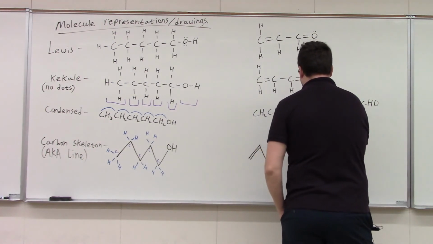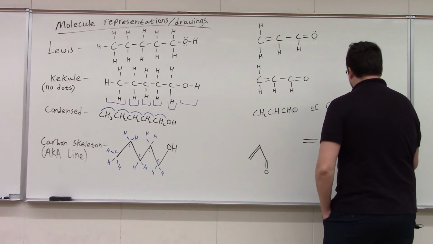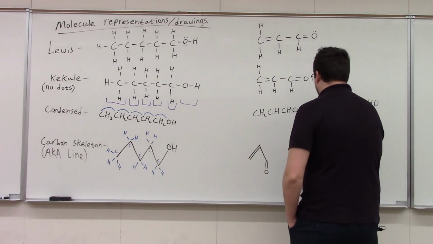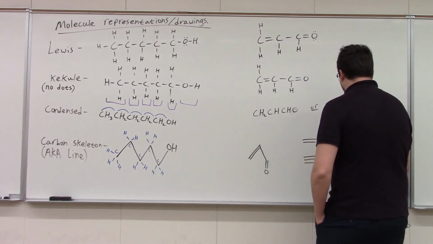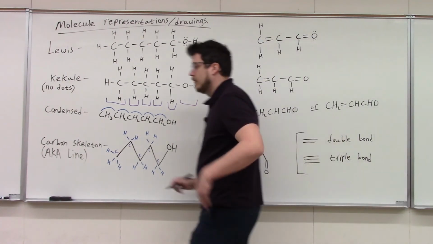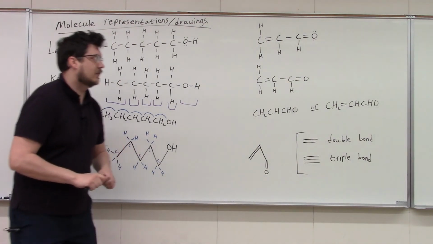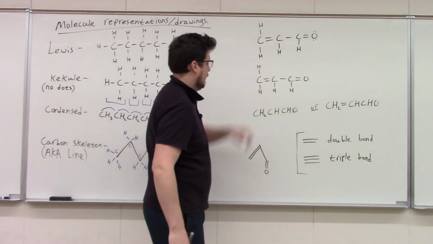So that's our double bond. And you'll never guess what we do for a triple bond. That's right, we just do 3 lines. Aside there. So that's what I really wanted to show, is how we deal with double bonds, triple bonds in these line structures. And it's the same way we deal with them in the Lewis structures. We just draw double and triple bonds.